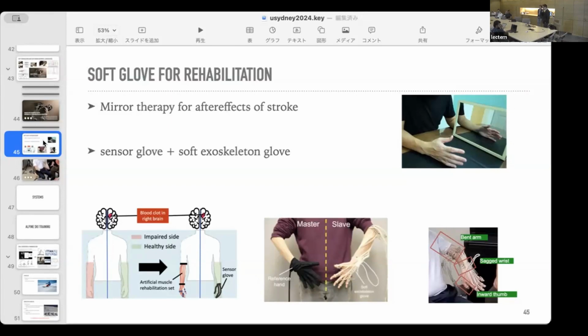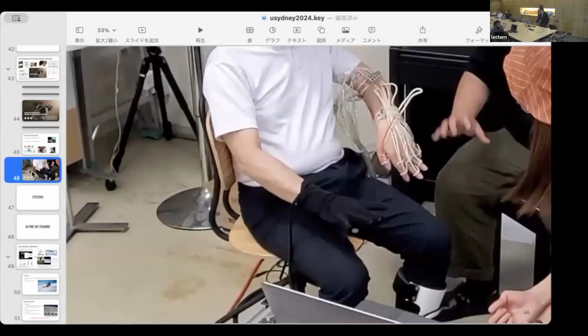Since he has spent many years after his stroke, his left arm has become kind of solid. How can I say? Stiff, yeah.